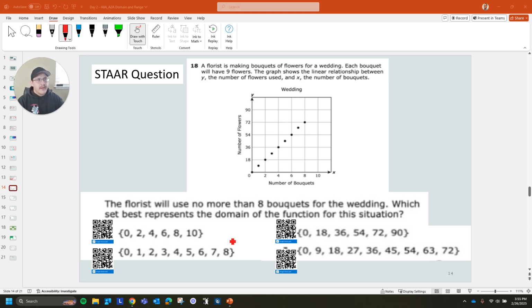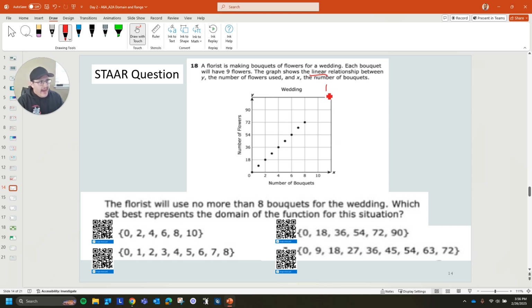There are some things in here that it tries to throw you off. The first part where it says linear. So there is a linear relationship, but notice how the dots are separated. So what type of function do we have? Do we have a discrete function or a continuous function?